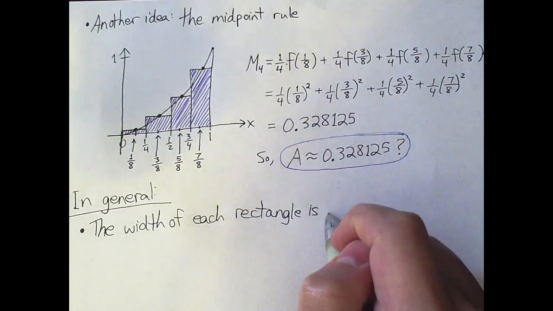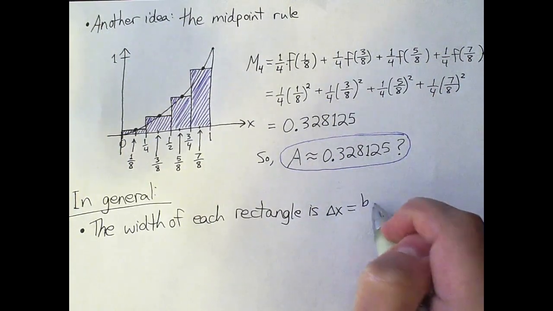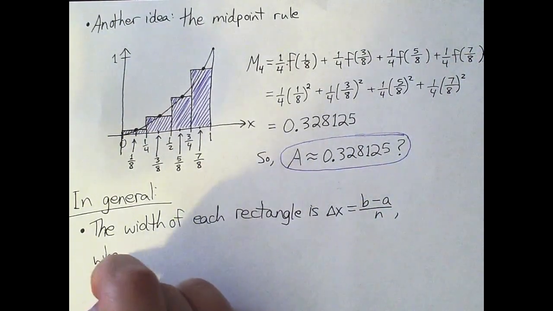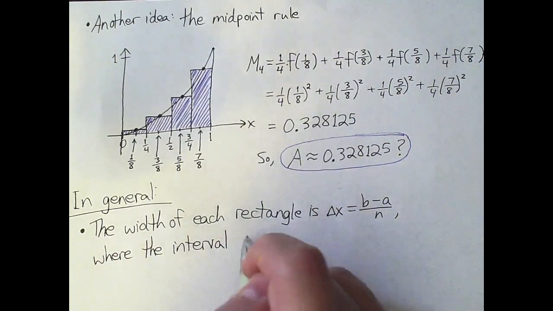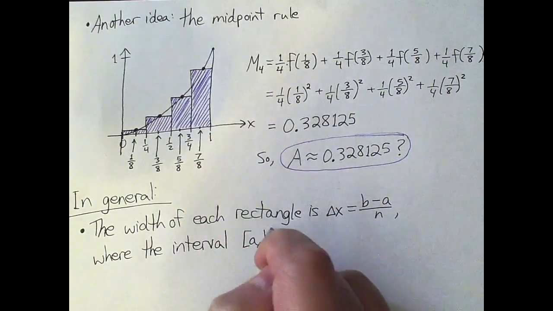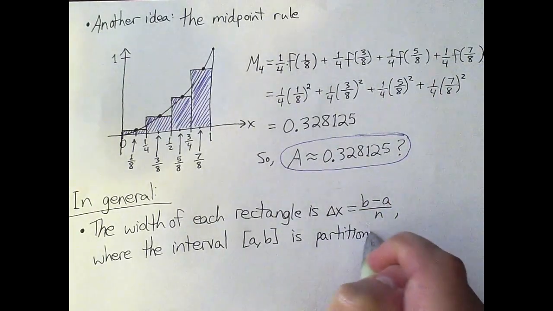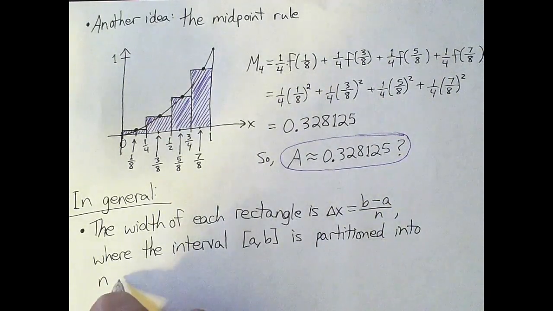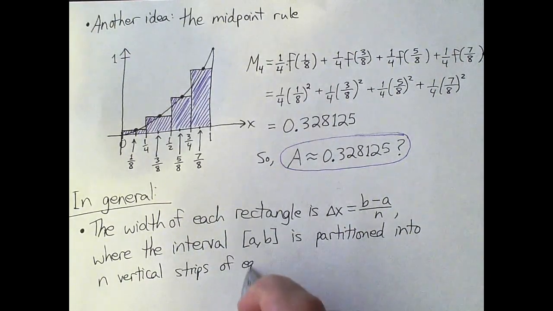So let's say we're going to call this delta x, and the formula for it is (b minus a) over n, where the interval from a to b is partitioned into n vertical strips of equal width.